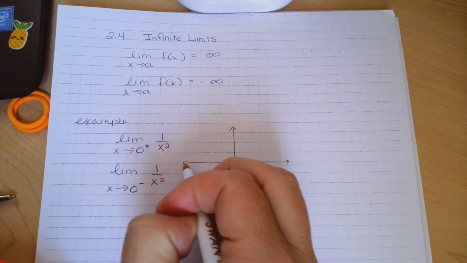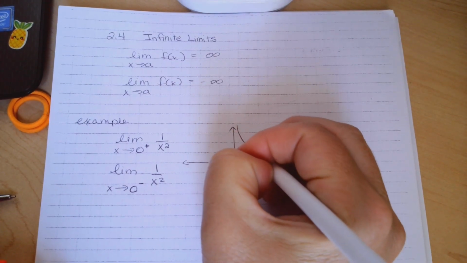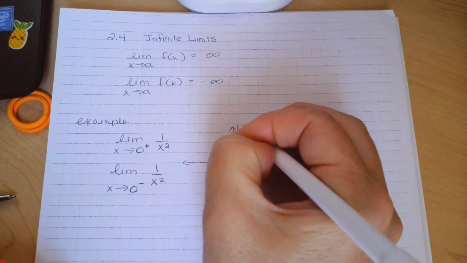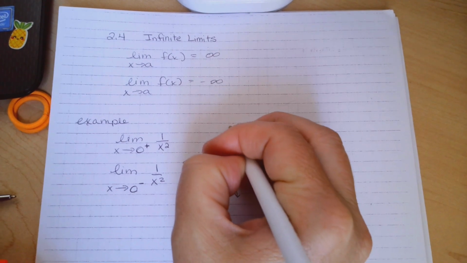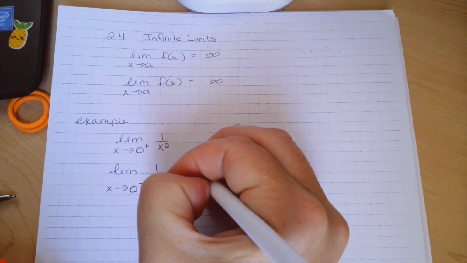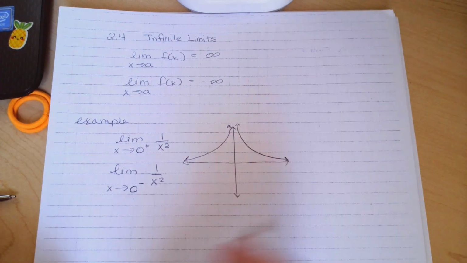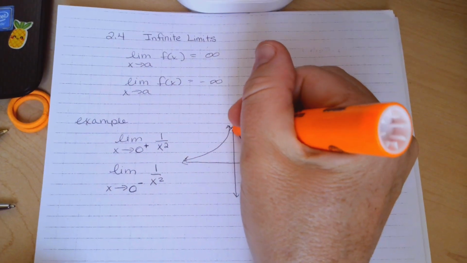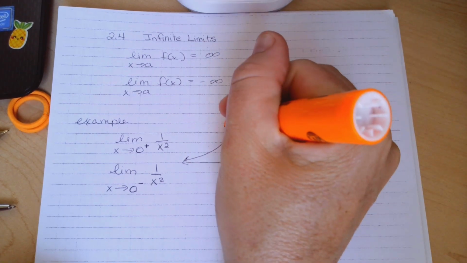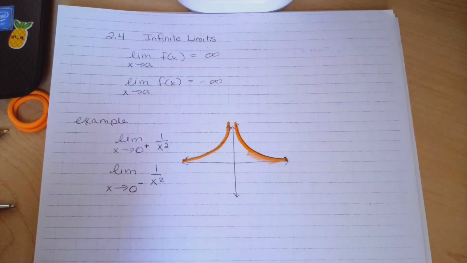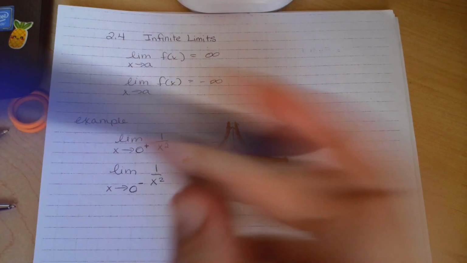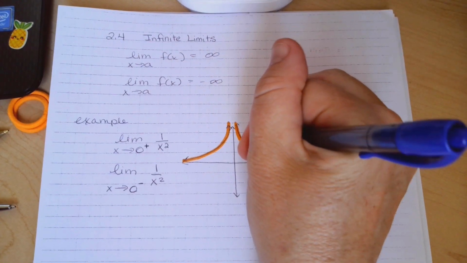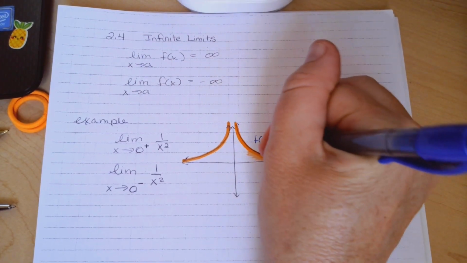It'll help us with our understanding and intuition. And so we know that this looks like the graph of f equals 1 over x squared. So it's going on in orange here. Label it. f of x equals 1 over x squared.